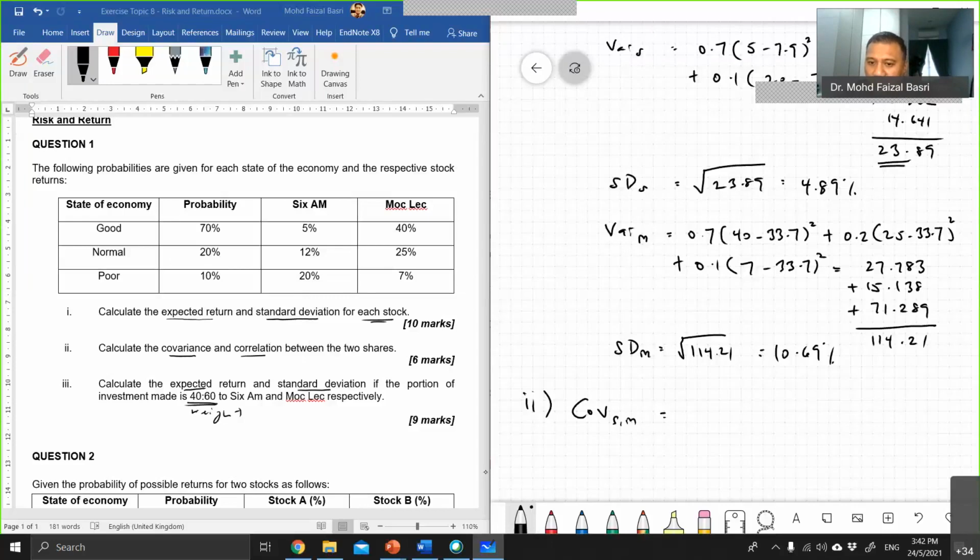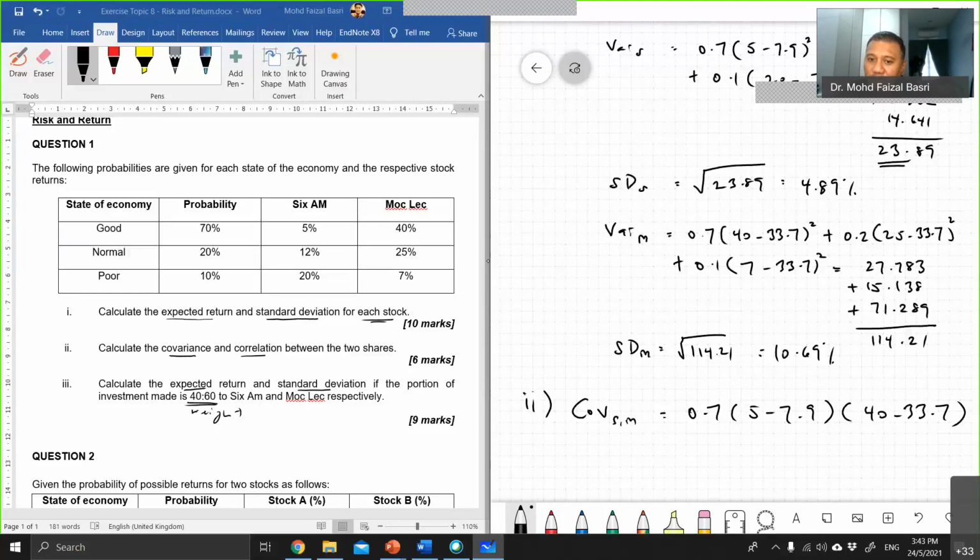If you remember the formula from earlier, it's the weightage 0.7, multiplied with the difference of stock S, meaning 5 minus 7.9, multiplied with 40 minus 33.7. So this is the first difference, and this will be our second difference, 40 minus 33.7.